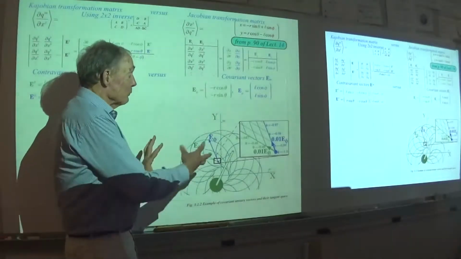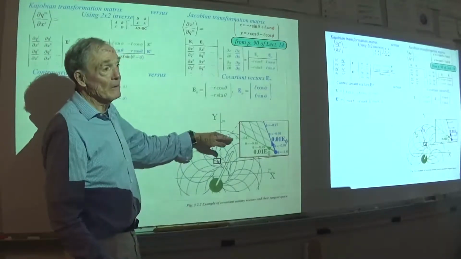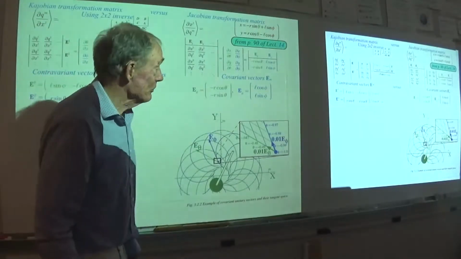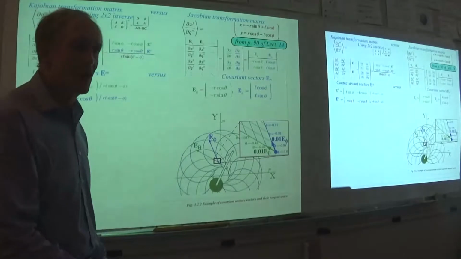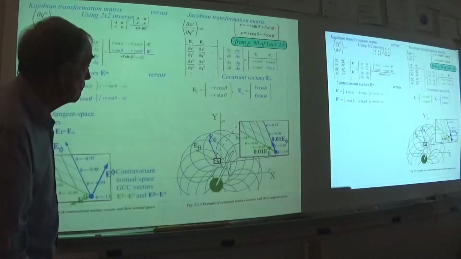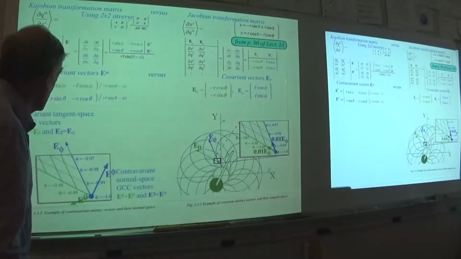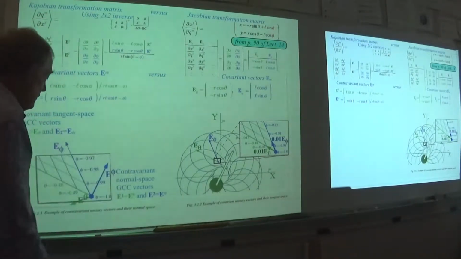Or if these were waves making the coordinates, a caustic is an optical term that reflects some interesting behaviors, like the ripples on the bottom of the swimming pool and all that sort of stuff. Okay? Now, contravariant vectors here as opposed to covariant vectors.